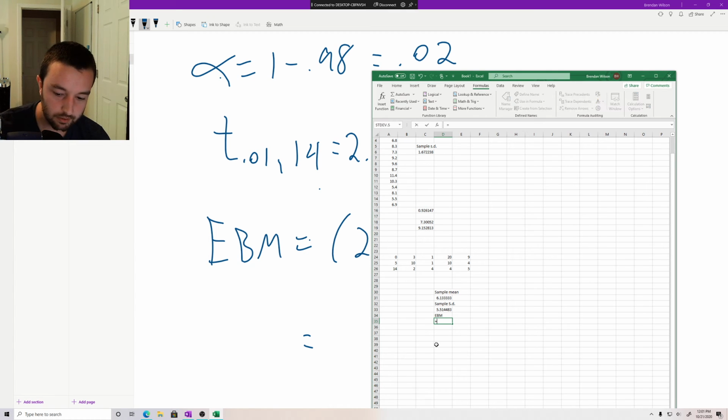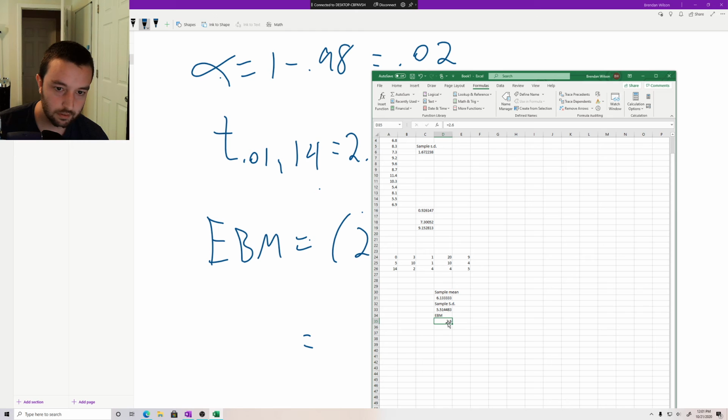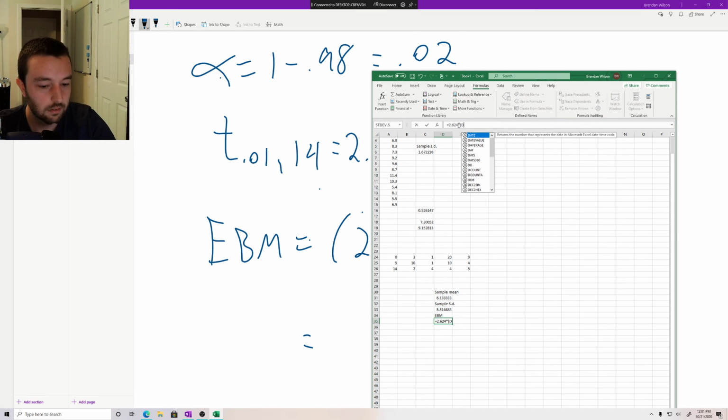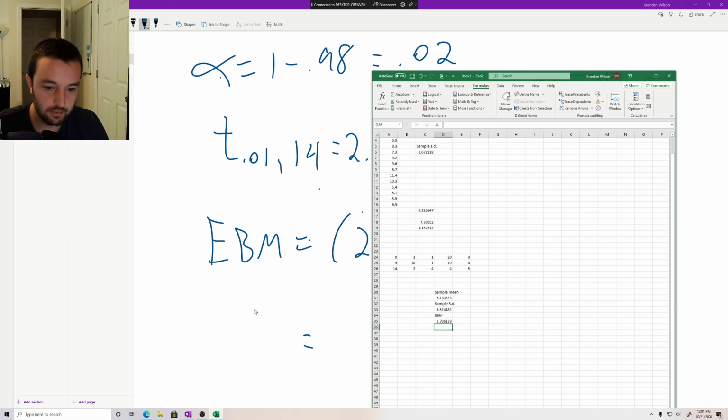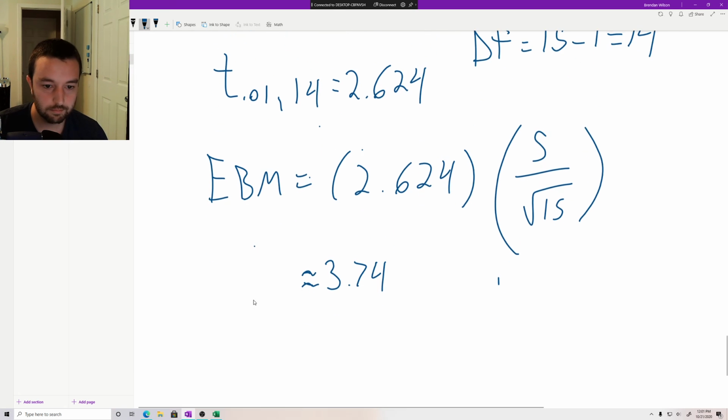So this is going to be 2.624 times the sample standard deviation, which is in cell D33, divided by the square root of 15. So we get 3.74. We round it. Okay.